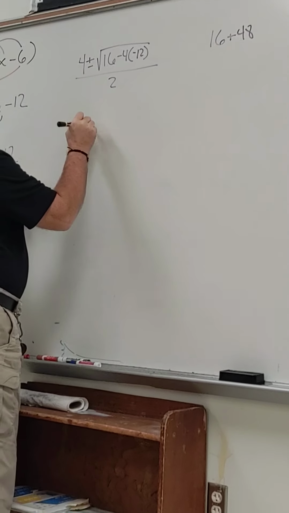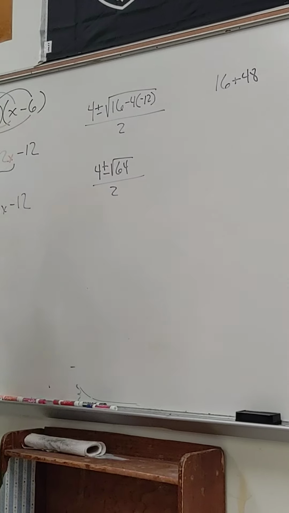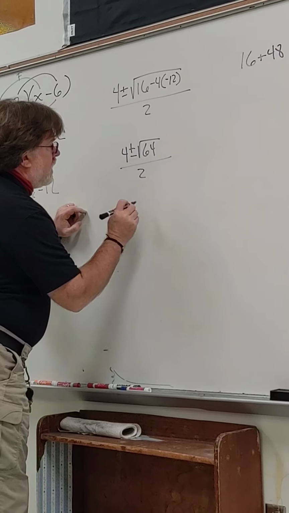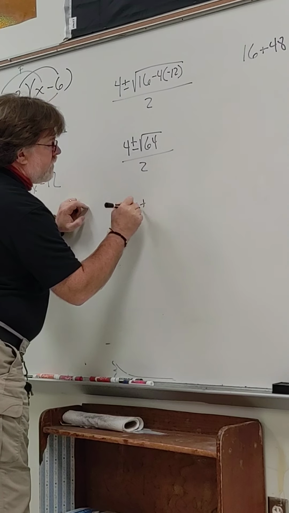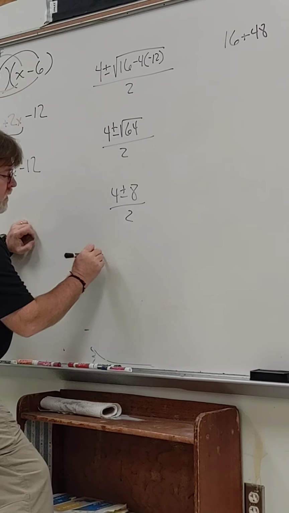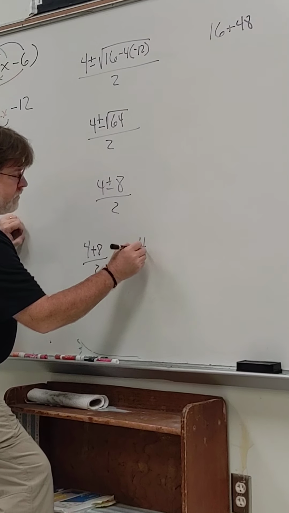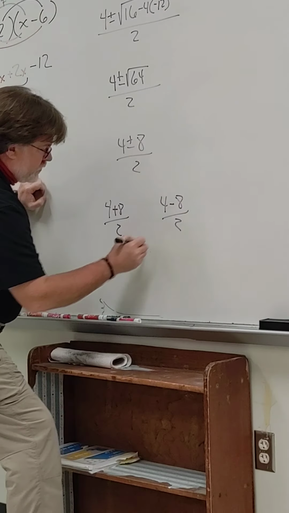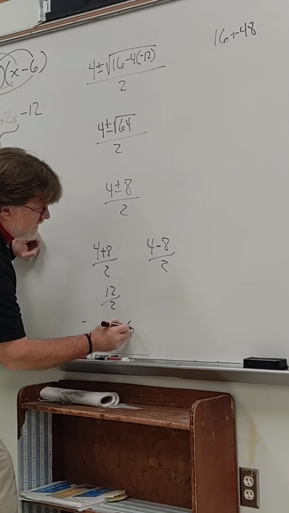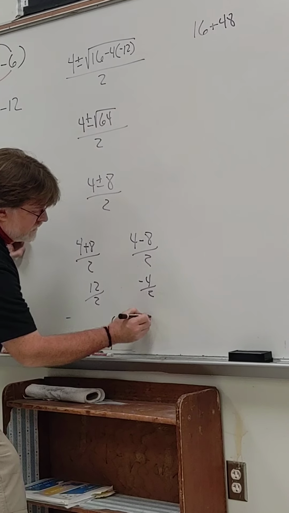All right, so this is going to be 4 plus or minus the square root of 64 all over 2. And so the square root of 64 is 8, so this is going to be 4 plus or minus 8 all over 2. And then comes the split. You've got 4 plus 8 all over 2 and 4 minus 8 all over 2. So this is going to be 12 over 2, which is 6. And this is going to be negative 4 over 2, which is negative 2.